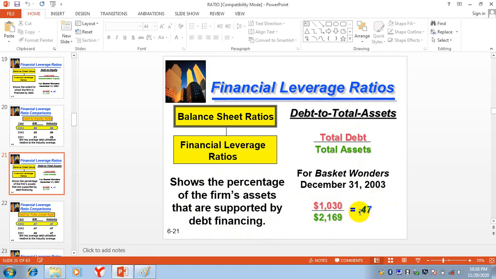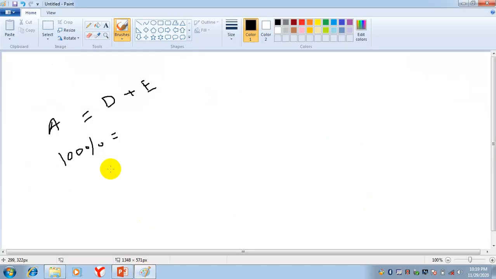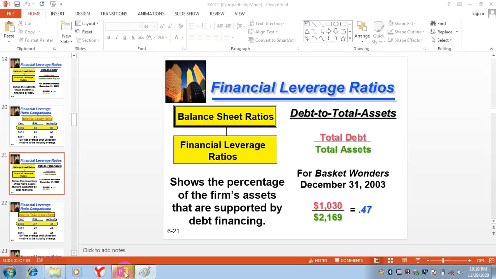So we got 0.47, which means out of 100%, 47% is debt and the remaining 53% is equity. So this shows our capital structure. So 47% is our debt and 53% is our equity.